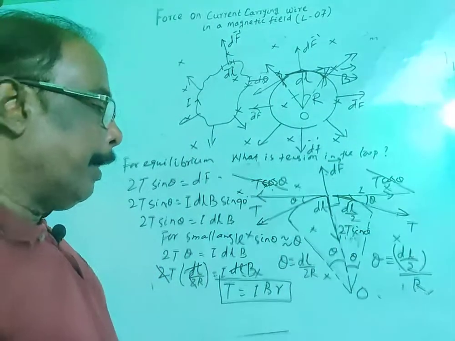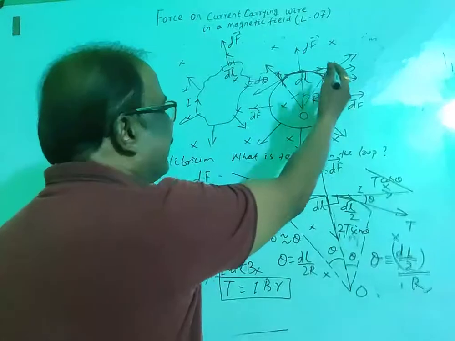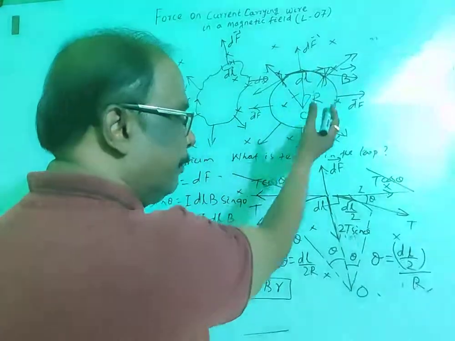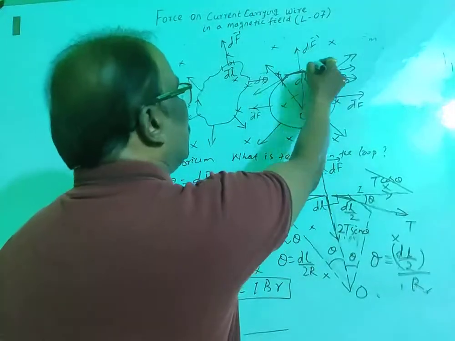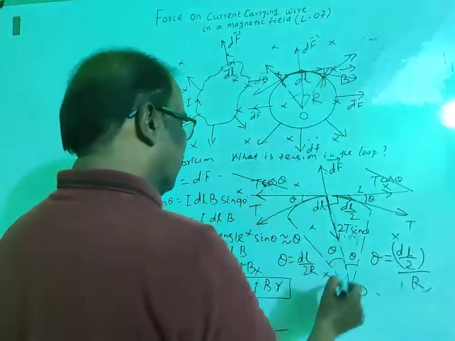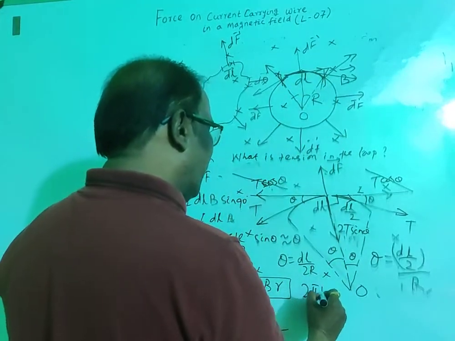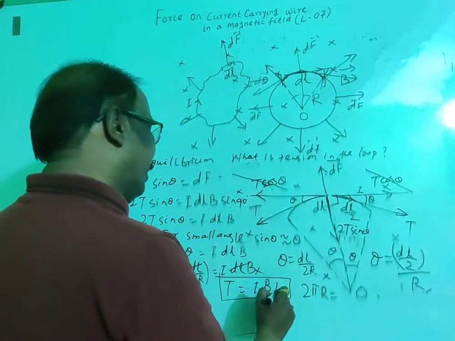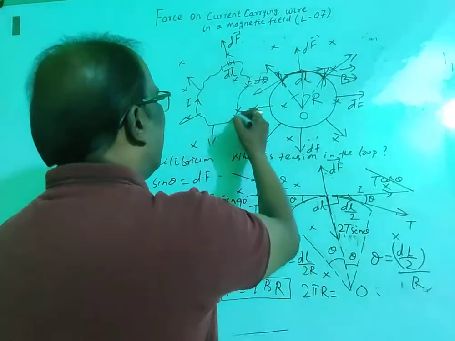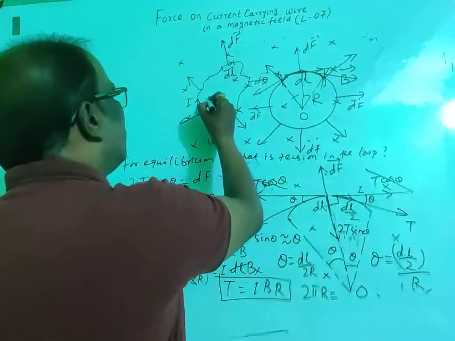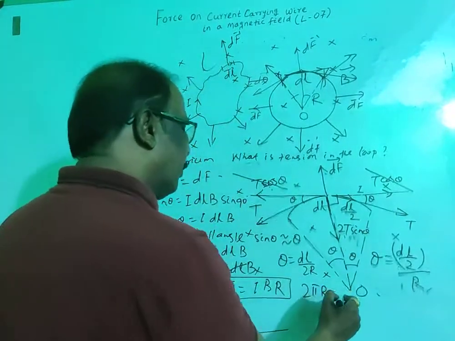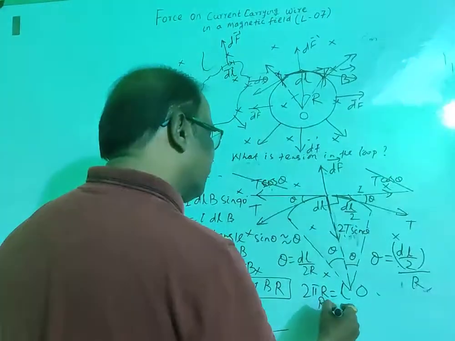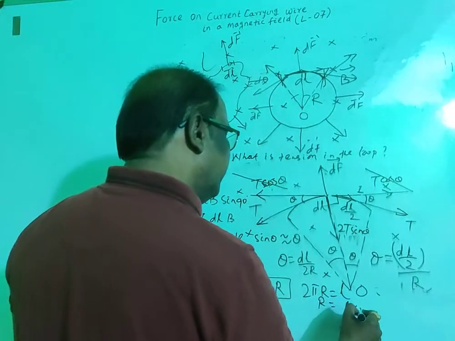Also, you may calculate it again: if this is opened out from a circle, the length is 2 pi r. Total length is let L. Then r is equal to L by 2 pi.